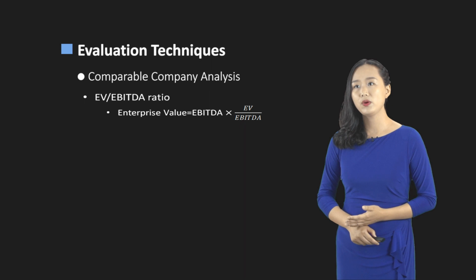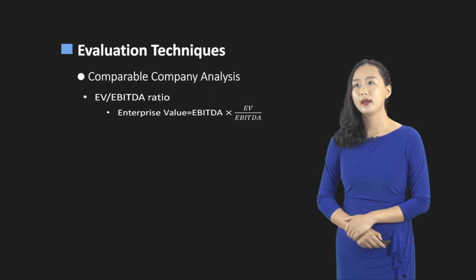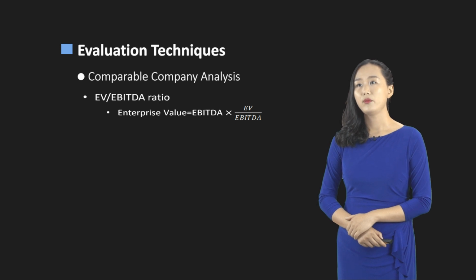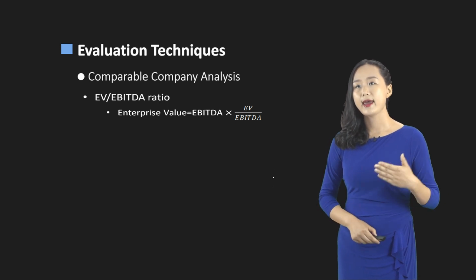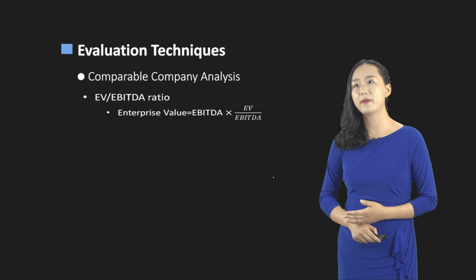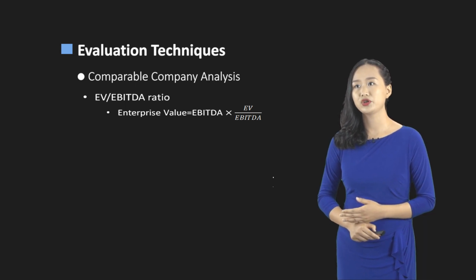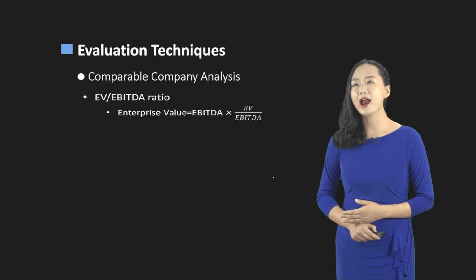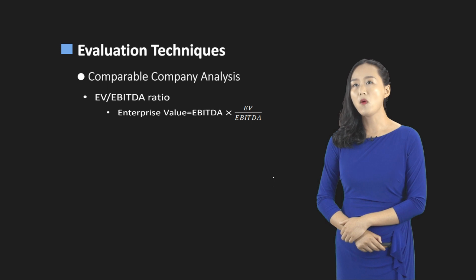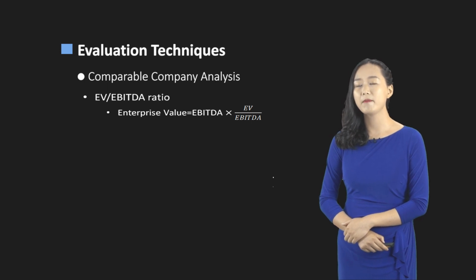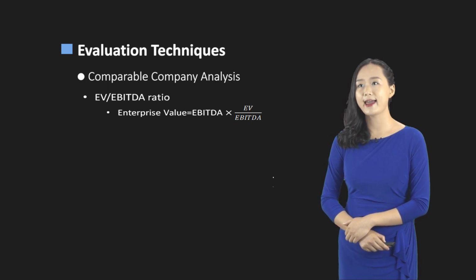Another widely used multiple is EV divided by EBITDA, which is calculated as enterprise value divided by earnings before interest, taxes, depreciation, and amortization. Enterprise value is the sum of all ownership interests in a company, including both debt and equity.